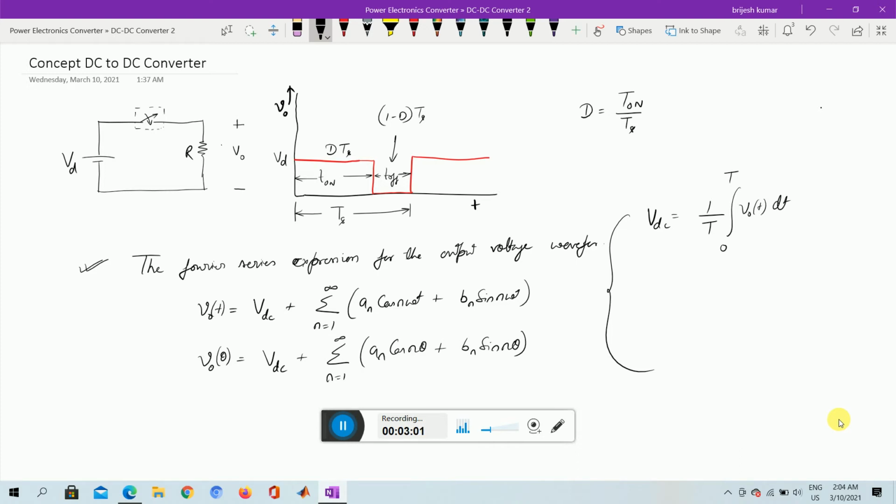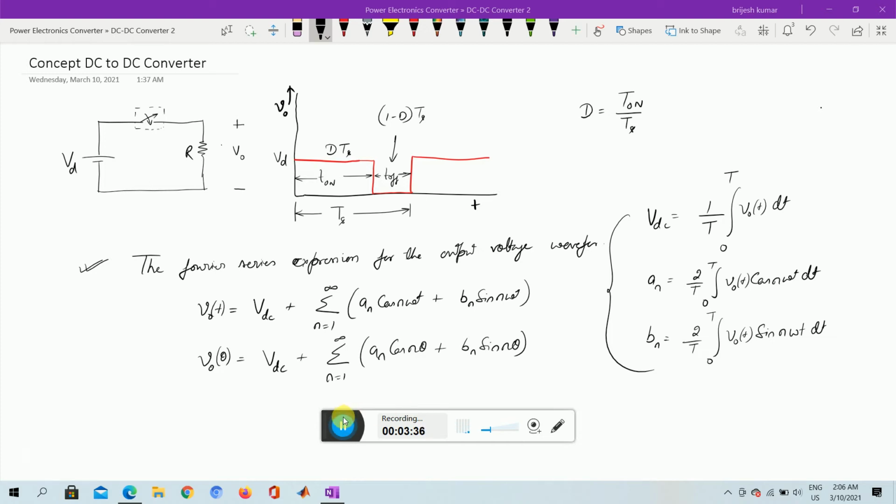And an is 2 by T, integration from 0 to T of V0(t) cos n omega t dt. And bn is equal to 2 by T, integration from 0 to T of V0(t) sin n omega t dt.